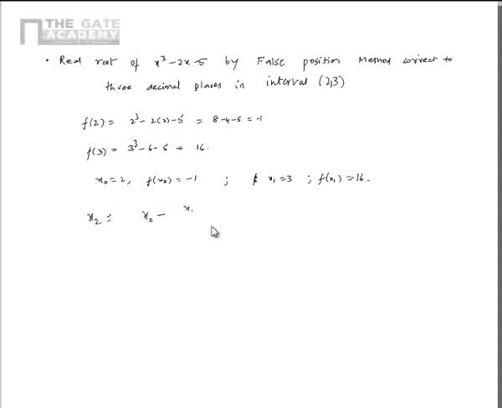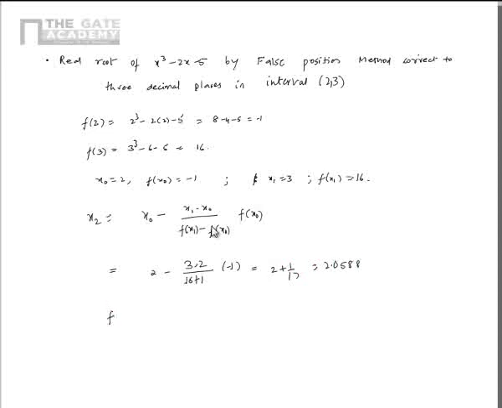The physical interpretation of what we are doing is whatever I have shown you just before solving this example. Now as far as the example is concerned, you just apply this formula iteratively. So this comes out to be 2 minus (3 minus 2) by (16 plus 1) times minus 1, so 2 plus 1 by 17, which is 2.0588.